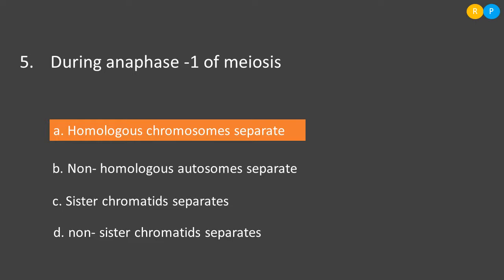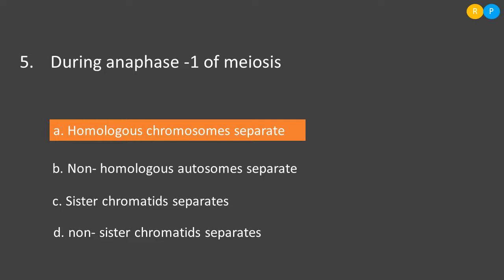This is the important change seen in anaphase 1 of meiosis. So option A, homologous chromosomes separate, is the correct answer, because in order to reduce the number, the homologous chromosomes should separate.